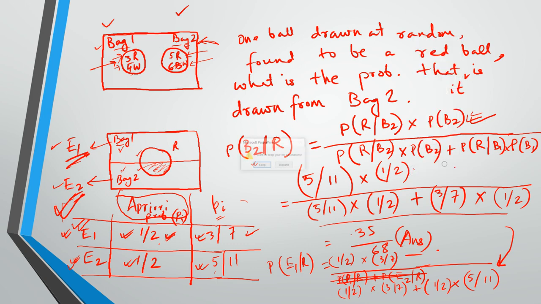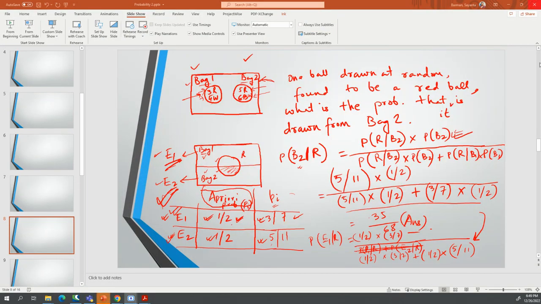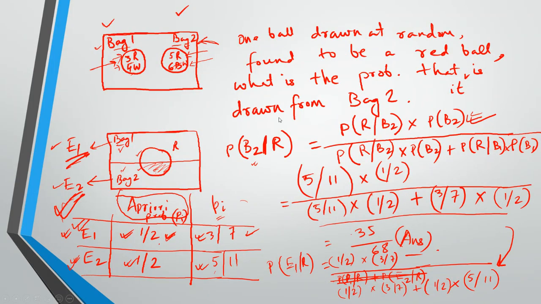But let's say it's a difficult problem and you have some problem in finding what is this event E2, what is the probability. In such scenarios, it helps if you write it down, if you break the problem into events.